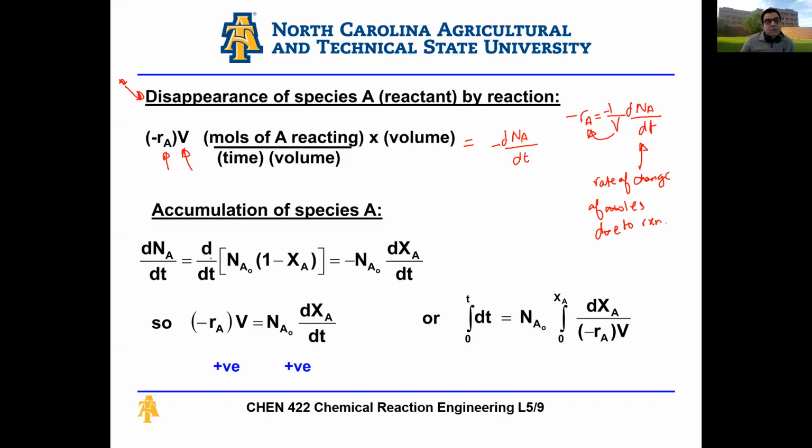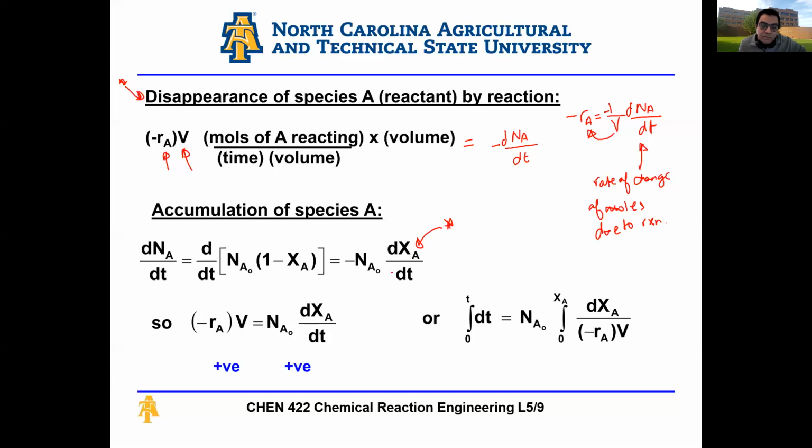So let's have a look here. What's the accumulation of species A? dNA by dt is equal to d by dt of NA0 times (1 minus X) minus NA0 dXA by dt. So the accumulation of species A with time is a function of conversion. You need to remember this.